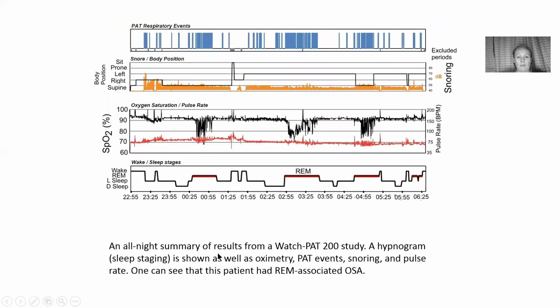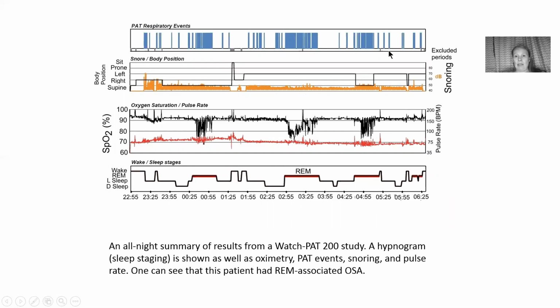Here's an all-night summary of the results from a WatchPAT 200 study. A hypnogram right here, where it is doing some sleep staging, as well as you have your oximetry here, and then you have your body position here, as well as your respiratory events here. And based on these results, here's REM, here's REM, here's REM, and here's REM.